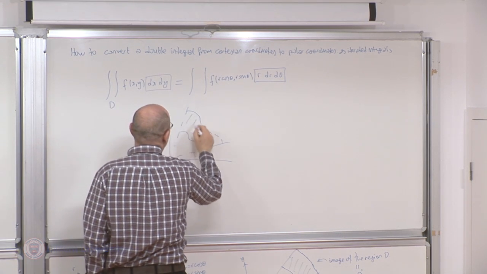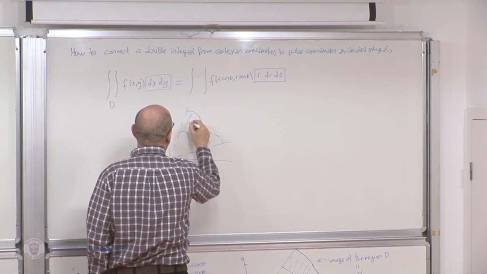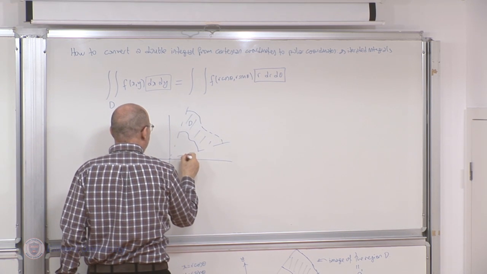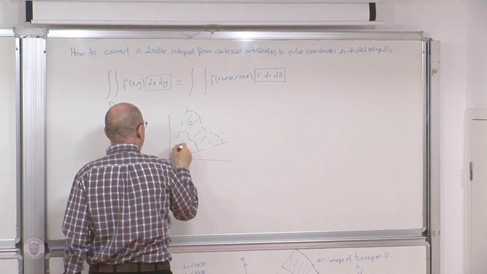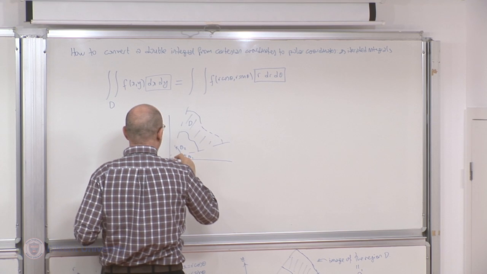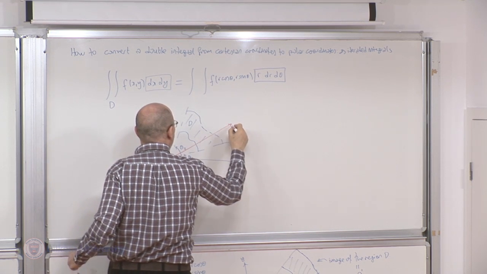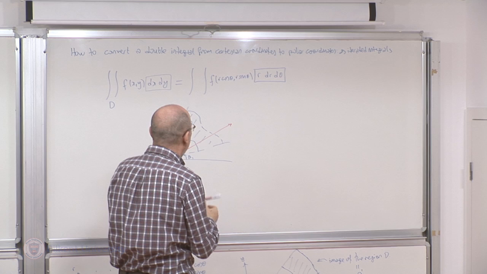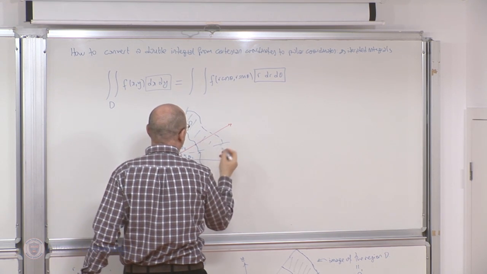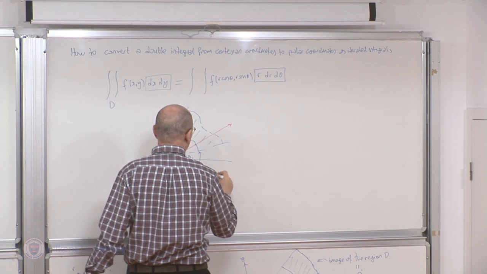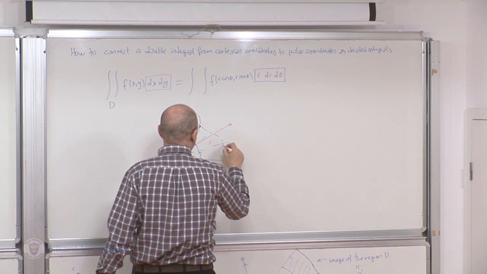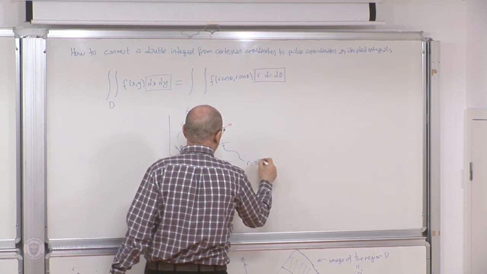So this is your region D. This angle is now theta 1. This angle is theta 2. You consider a typical ray through the origin, a generic ray. It enters the region here, where r is equal to, say, u of theta, and this curve is r equals v of theta.